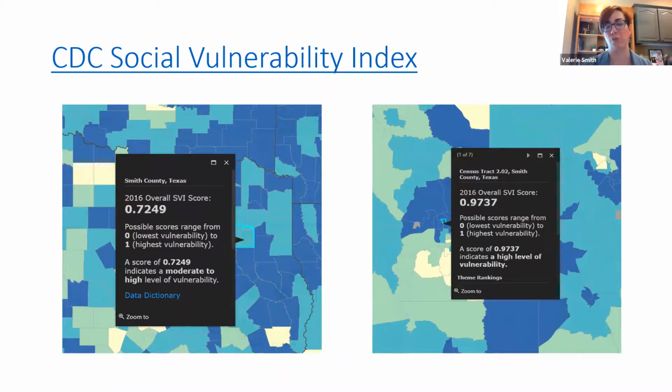So it's 0.7249. But remember that census tract that I mentioned earlier that we were just looking at data from? When you look there, that vulnerability index is 0.9737, which tells us that it's a very vulnerable population, which means they have very little internal resources to be able to respond to times of increased need.